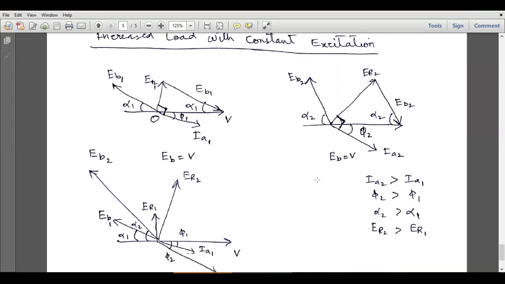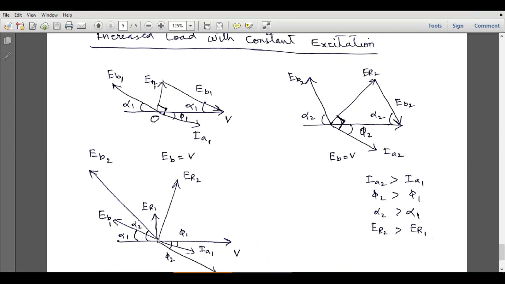So when we increase the load, we can see that this IA vector has increased. So IA2 is greater than IA1. Similarly, this angle phi 2 has also increased. It means now we will get a smaller power factor as a result of increased load, and this load angle has also increased as a result of increased load, and this reactance voltage vector has also increased.